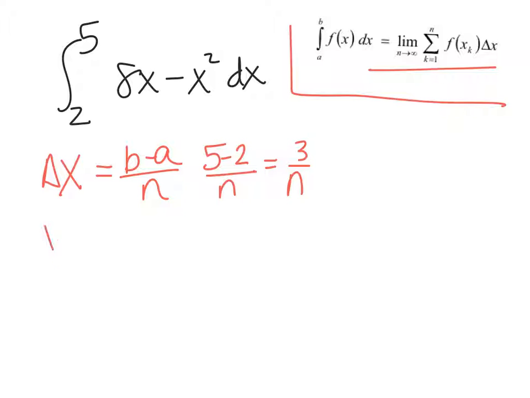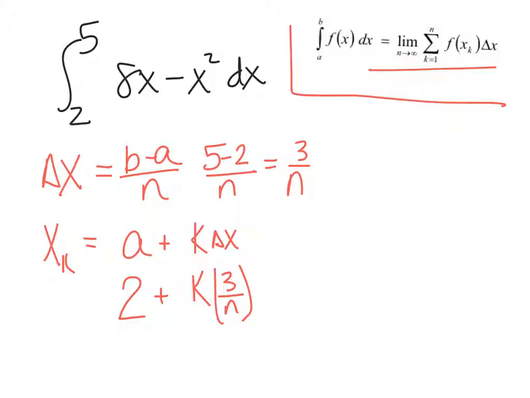Now I've got to remember that x sub k formula. Remember, that's a plus k times delta x. So my a value in this case is 2 plus k times 3 over n. And again, that's fairly easy to get. The next thing I have to get is f of x sub k. So I have to substitute all of this into every letter x I see.